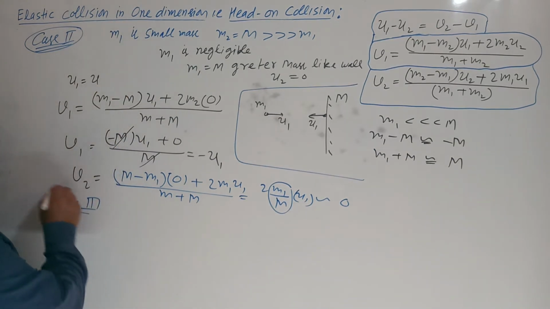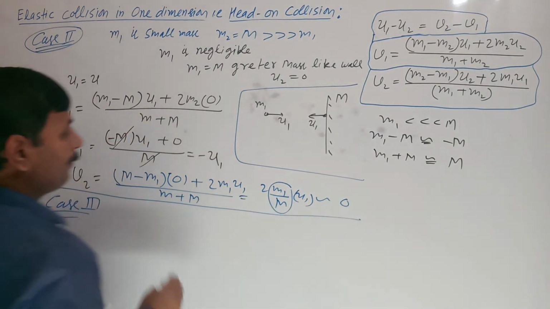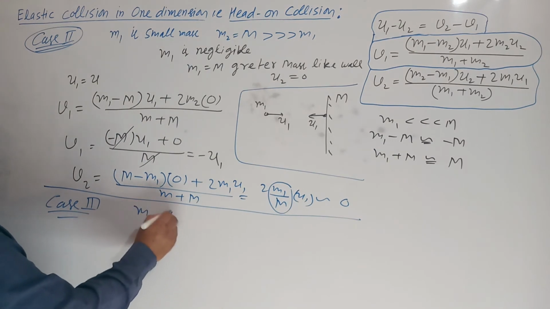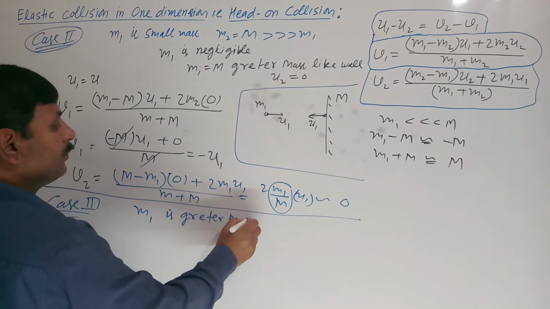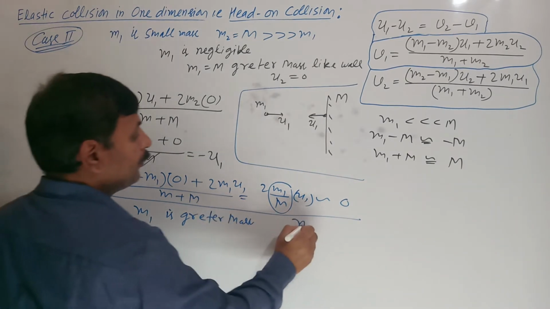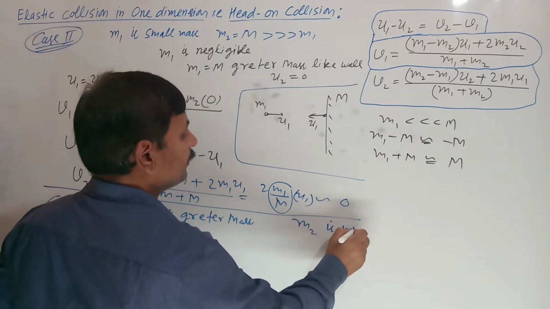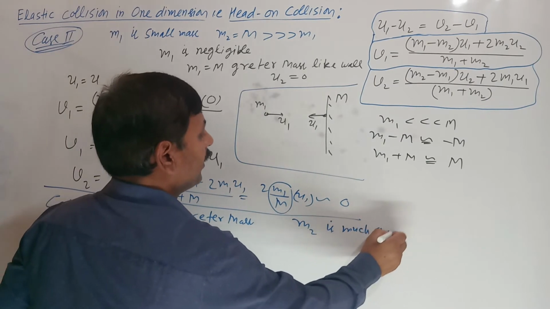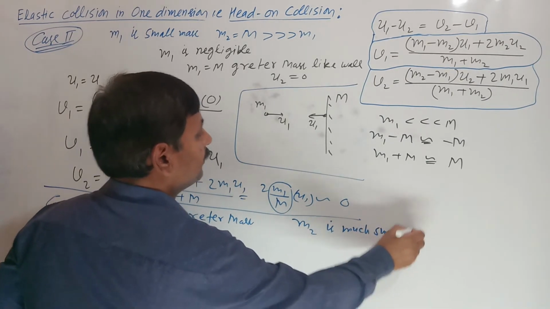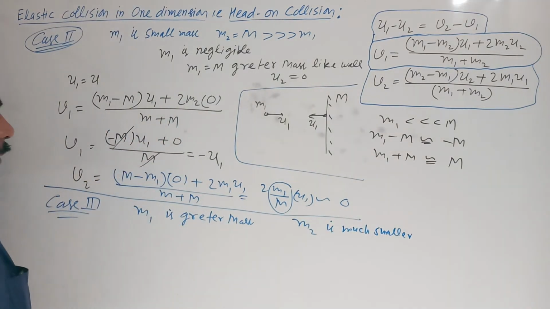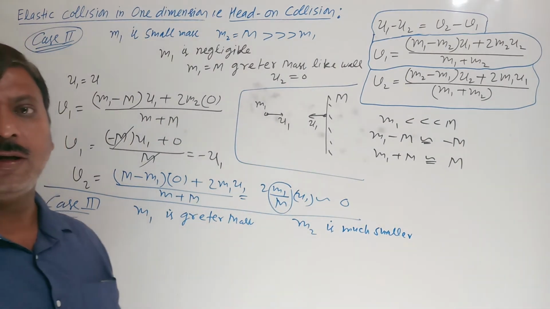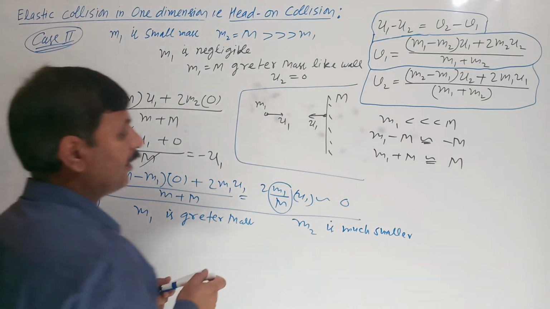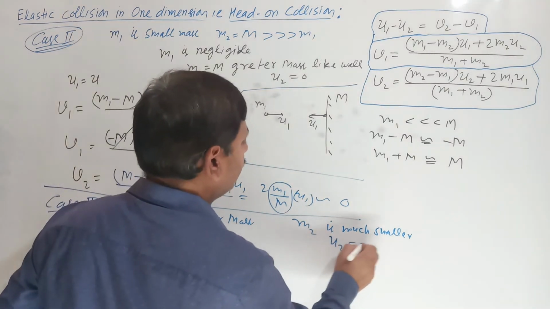M1 I have taken as a greater mass. M1 is a very big mass, greater mass. M2 is much smaller. In that case what happened? This time we took M1 as the greater mass, M2 much smaller, and stationary. U2 I have taken 0.